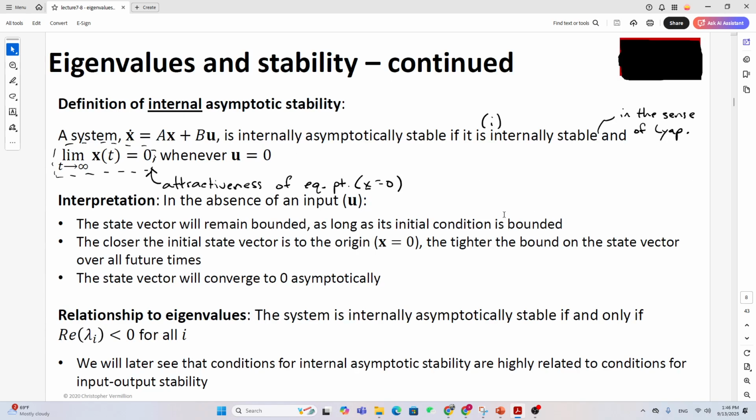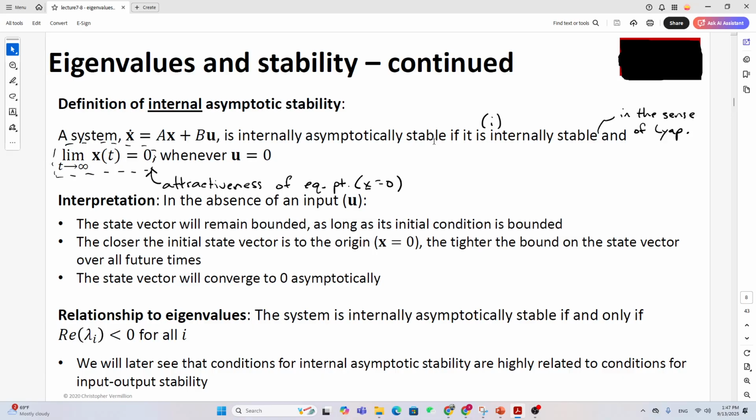So, eigenvalues and stability. As we know, what we just discussed is internal stability, where your input is 0. Now we introduce another one, which is asymptotically stable. What is asymptotically stable? When I started on this concept, at the beginning I also had some confusion, but indeed it's very simple.